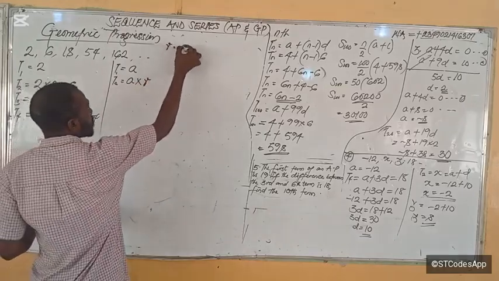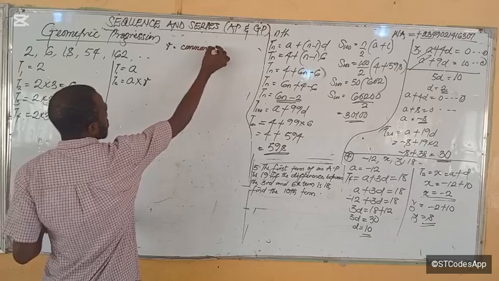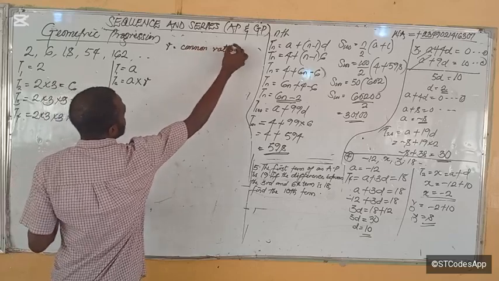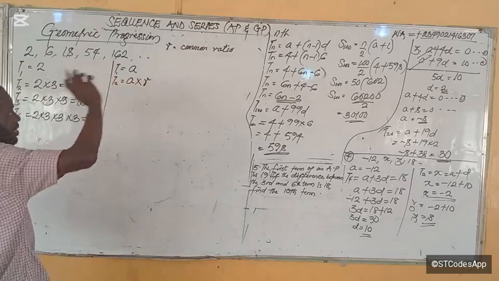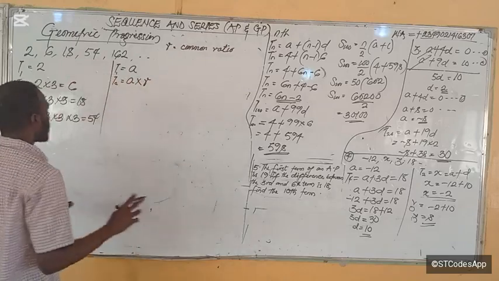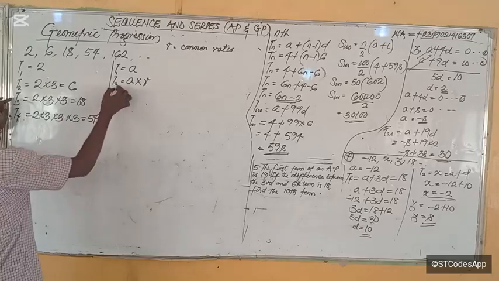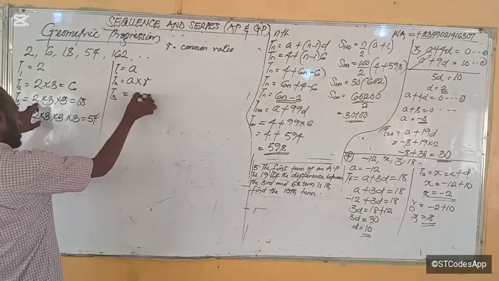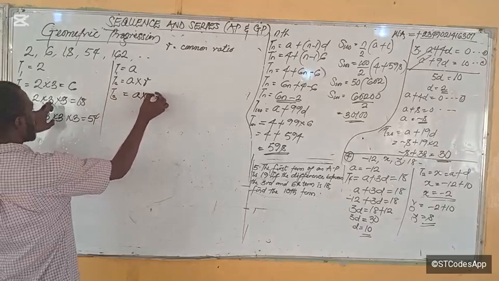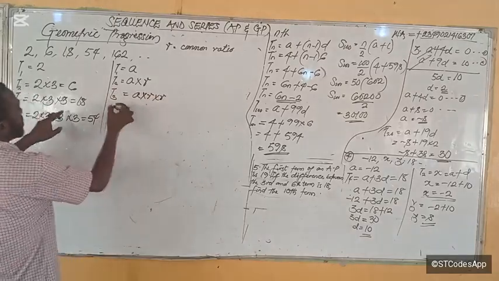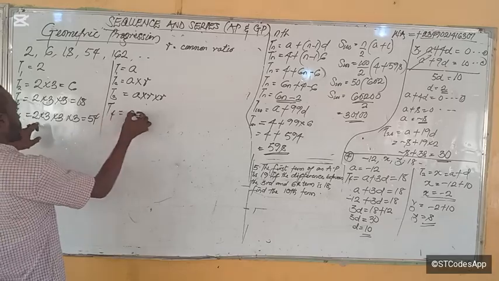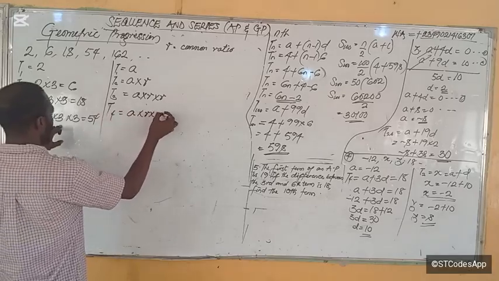The R is actually called common ratio, and I'll tell you how to come about it. But let's first stick to R now. Just know it as R for now. Now, T3 is going to be my first term times my ratio, times my ratio. T4 here was gotten by the first term times ratio, times ratio, times ratio.